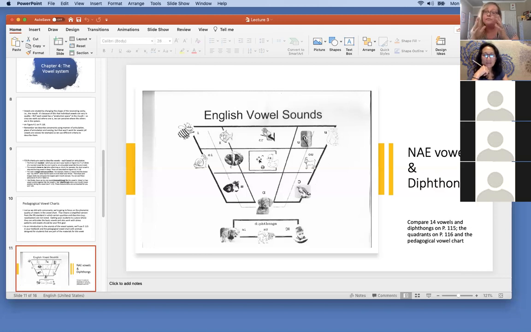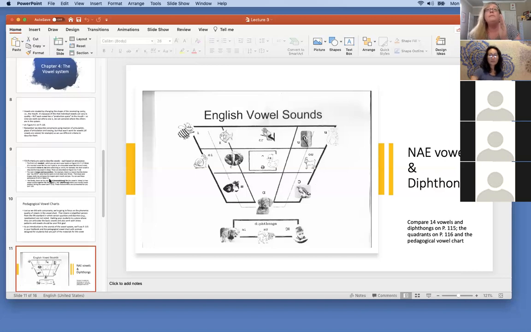So if you have a word like duck, with that sound, it's not an unstressed vowel. It's a stressed central vowel that looks very much like an unstressed vowel, but because there's only one syllable in duck and you stress that syllable, it becomes a stressed vowel.